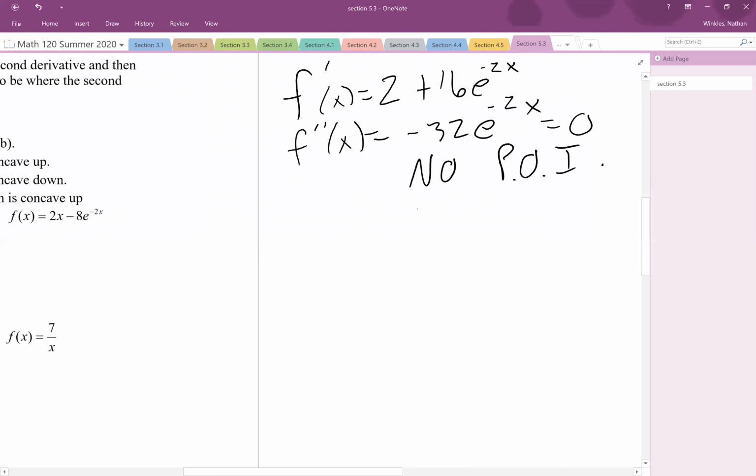Since there are no points of inflection, no matter what we plug in, this is always going to be concave down, based off of this graph. So it's concave down and it's not concave up.